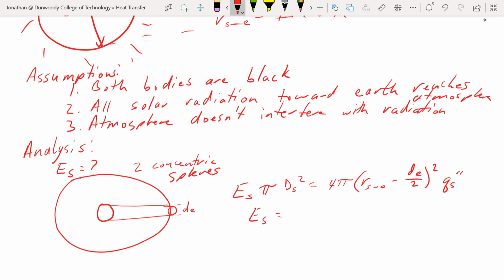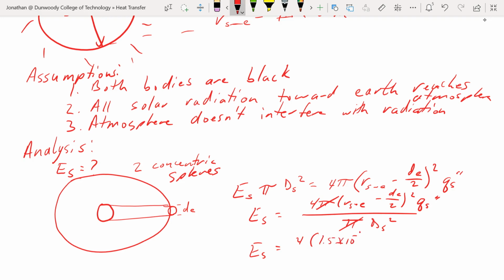So E_S 4 pi (R_SE minus d_E over 2) squared q_S prime over pi d_S squared. So that goes away. Filling values in. 4 times 1.5 times 10 to the 11, not negative 11, excuse me, 11 minus, what was that, 1.27 times 10 to the 7 over 2, is that right?